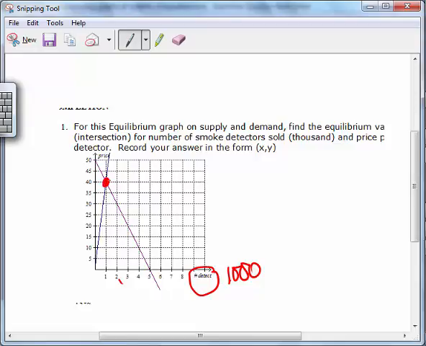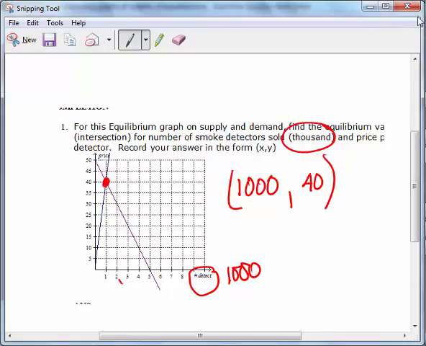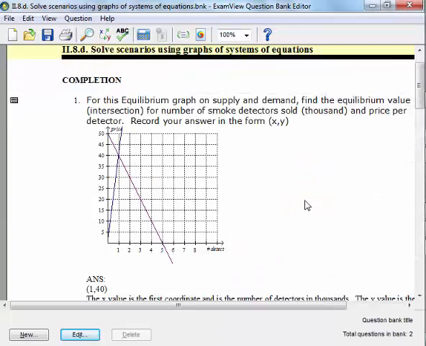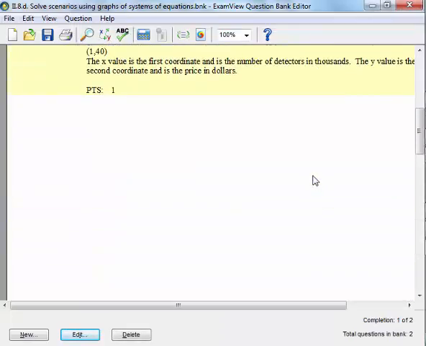So we do have that as the intersecting point, which would be 1, comma, 40. And I suppose I would probably give you a partial credit for that. But remember, it's in thousands. So we should really write that as 1,000. So we have 1,000 smoke detectors sold if the price is $40.